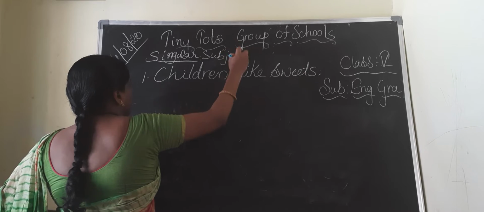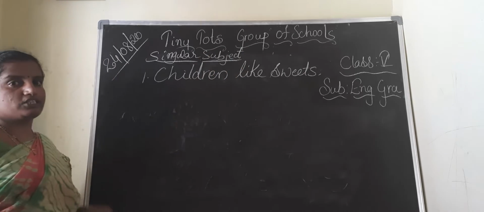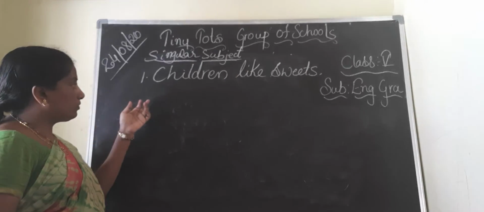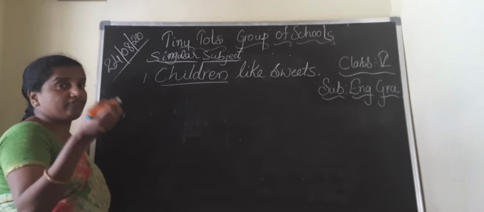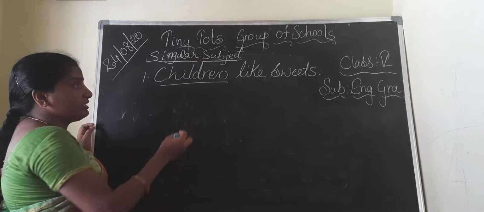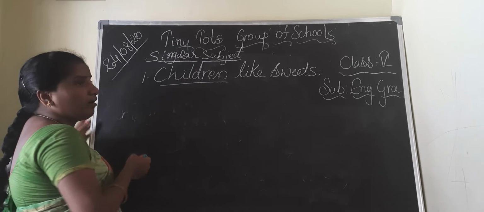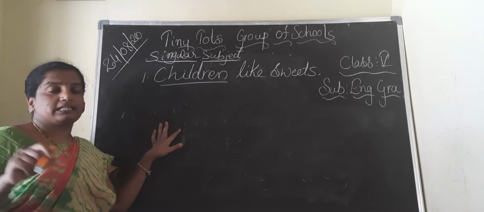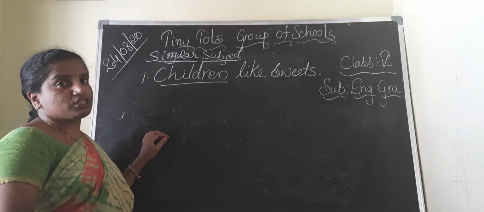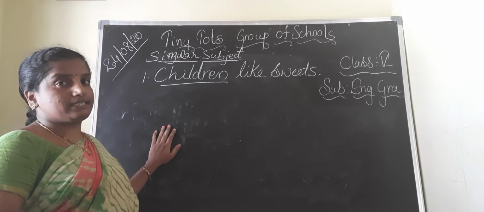When we are talking about the singular subject, first you should identify the subject of the given sentence. Here the doer of the action is the subject. Already we have discussed, children, that the doer of the action is known as the subject.